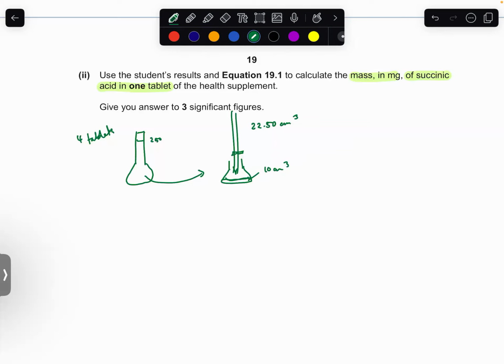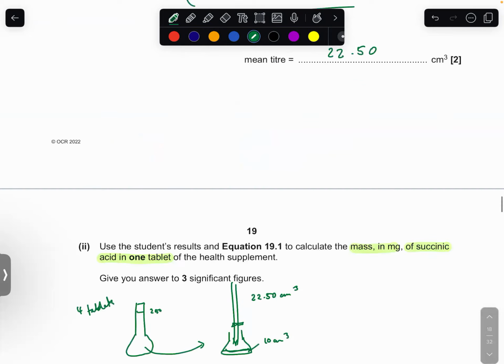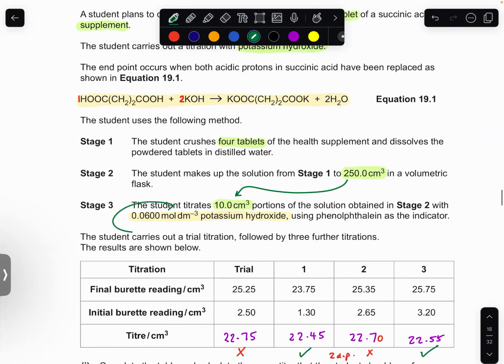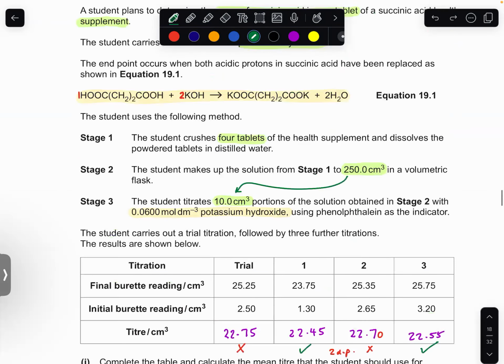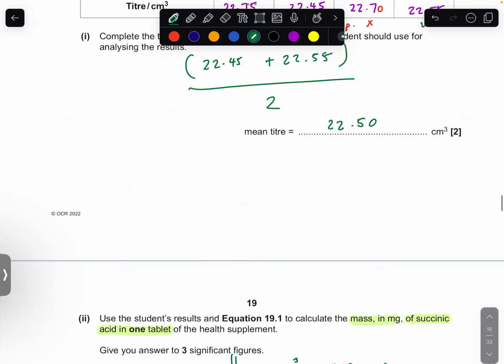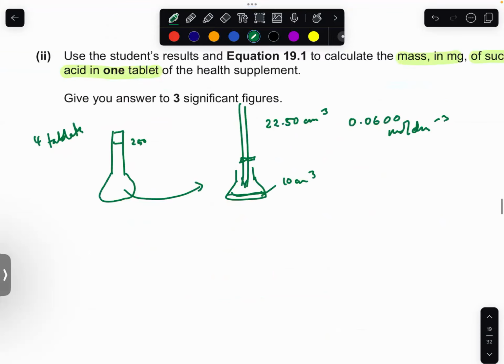Now, in terms of working out the mass of succinic acid in one tablet, we do the following calculation. The concentration of potassium hydroxide is given as 0.06. Okay, we've got all the information we need there.